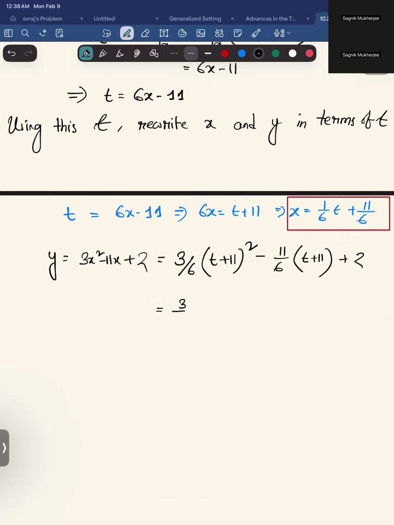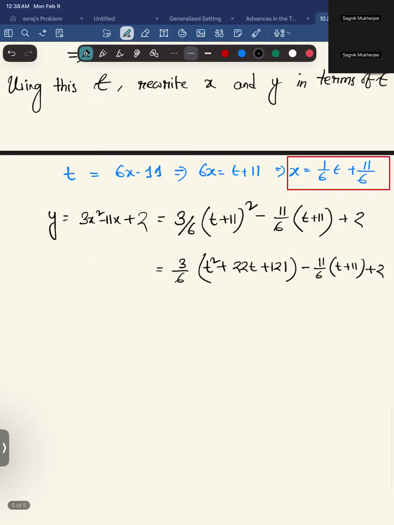So this is 3 over 36 times t squared plus 22t plus 121, minus, plus 2. Gather everything. So 3 over 6 t squared plus 11 minus 11 over 6 t, right? Plus 363 over 6 plus 2.